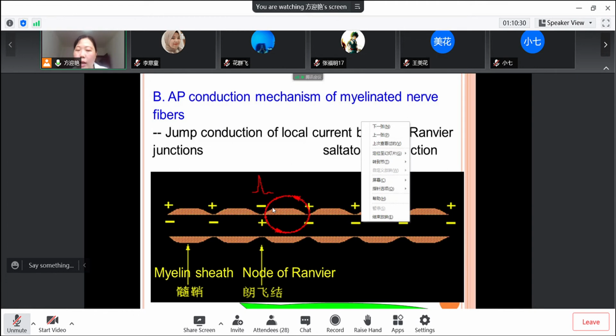And also, if we record, when we find that this excited membrane point is negative and this unexcited point is positive, then between the two points or two sides there is an electrical potential difference. Yeah, understand here?